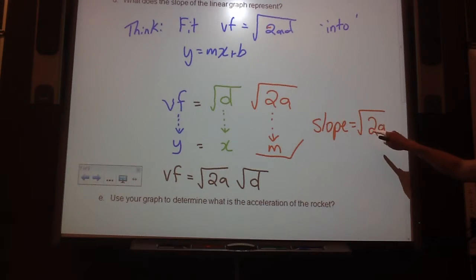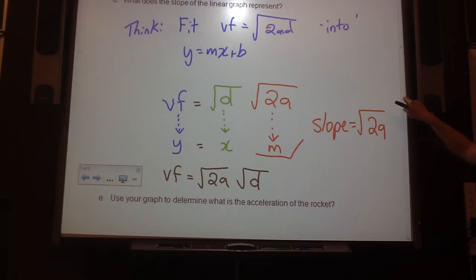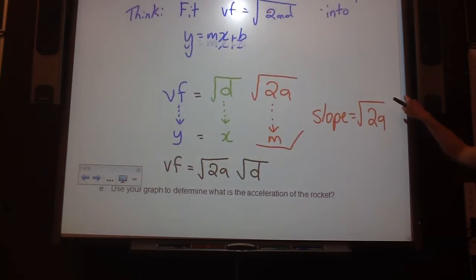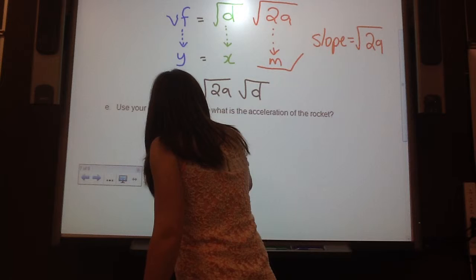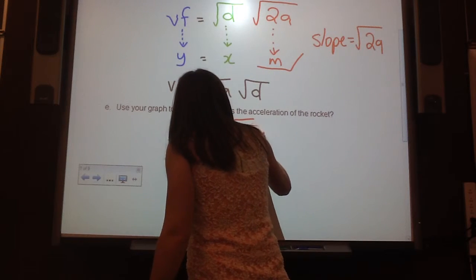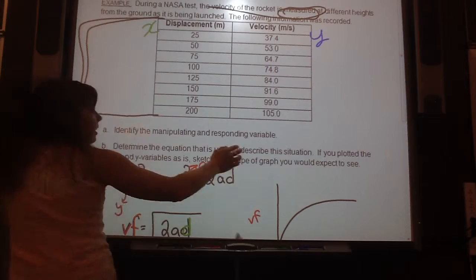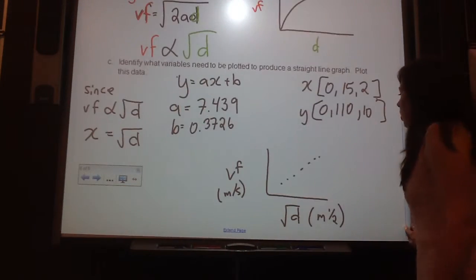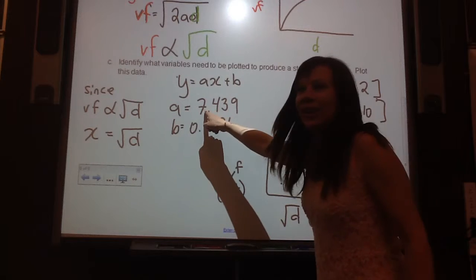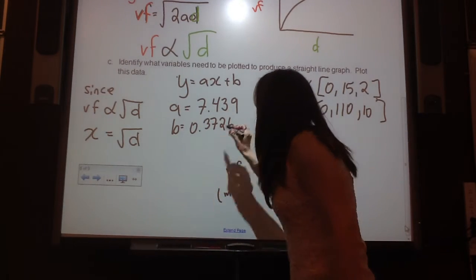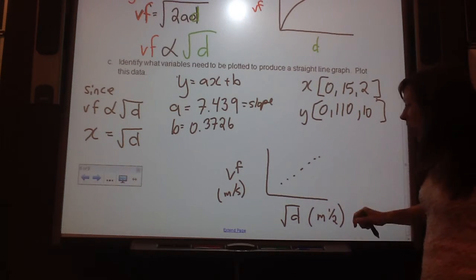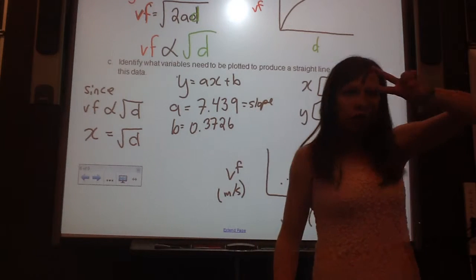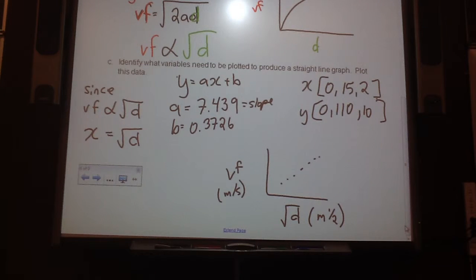So my slope, I can conclude, is the square root of 2a. Now, here's the exciting part. I'm just going to write that here: slope is equal to the square root of 2a. What did I just say back here? Slope is equal to that number. So now there's two places: slope equaled a number, and slope equaled variables.